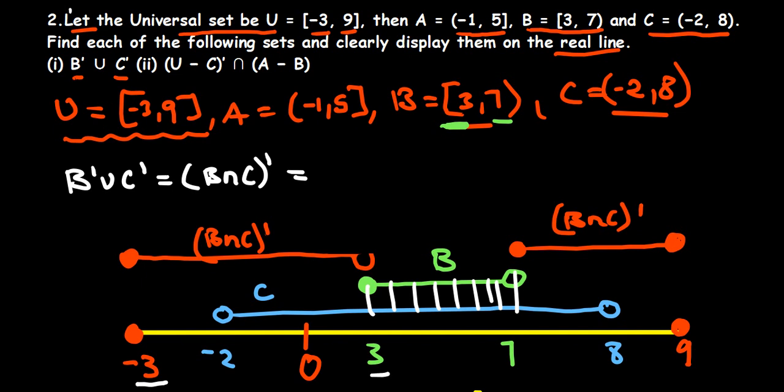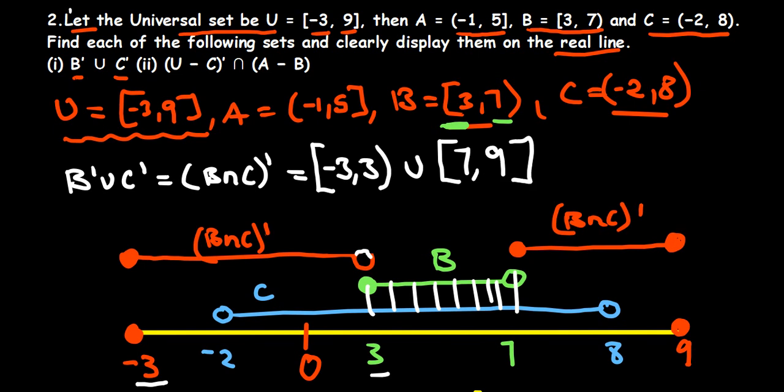The minus 3 is included, so I'll put a square bracket and then comma. Is the 3 included or not? We said the 3 is not included because we have an open circle there. So we say 3 and then a curved bracket, and then union, and we get this other part. The other part starts from 7, which is included, comma, all the way up to 9, which is also included.